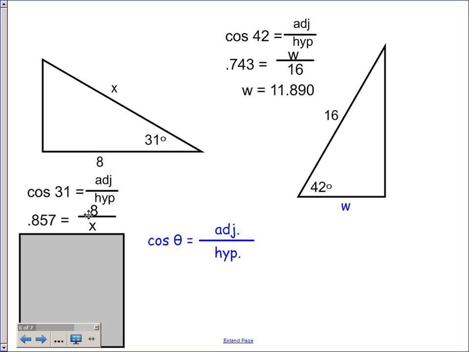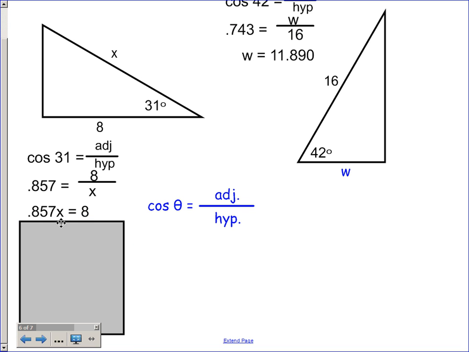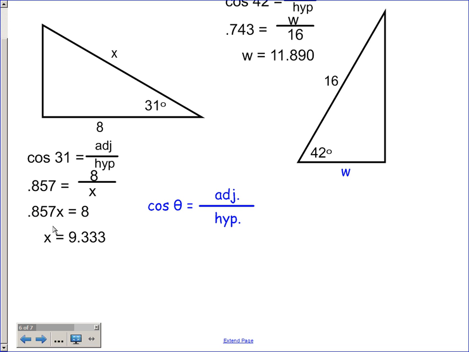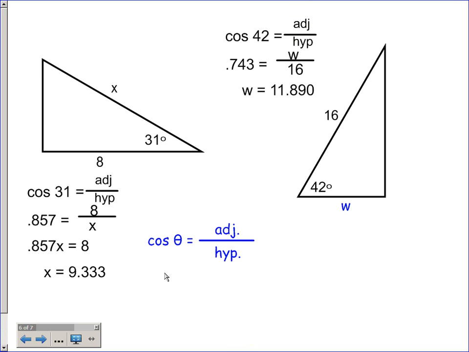We will later use radian mode, which is a different way of measuring an angle, but that's not for now. To solve then this equation, I want to multiply both sides by x, and I get 0.857x is equal to 8. And divide both sides by 0.857, and I get that x is equal to 9.333 rounded to the nearest thousandth.